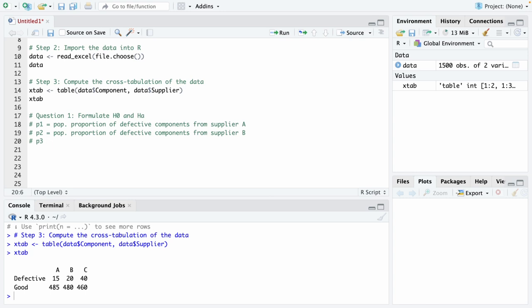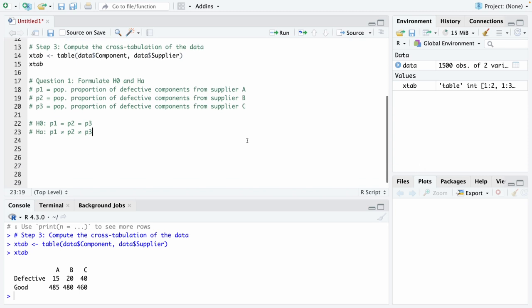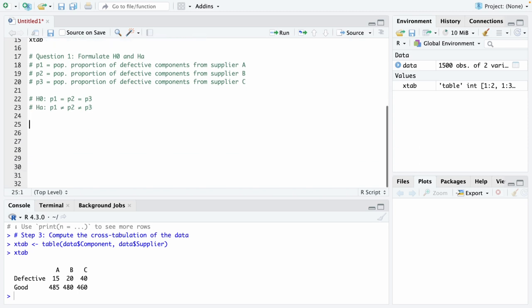We could also do an analysis on the good components too. And then we'll make this C. So the null would be H0: P1 equal to P2 equal to P3. And then Ha will be P1 not equal to P2, not equal to P3. So that's basically how we answer question one.